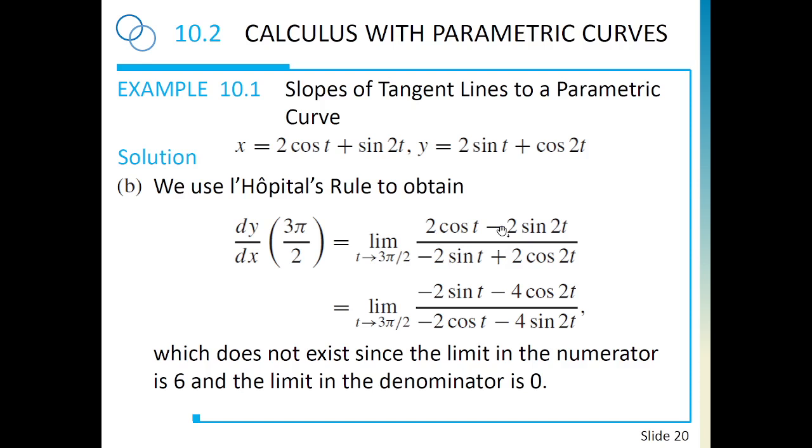So it will be indeterminate form 0 over 0, so we use L'Hopital's rule. You see the numerator was differentiated and denominator also. And then when we try to evaluate, we see that the numerator is going to 6 and the denominator is going towards 0, so basically this ratio is exploding, which means we have an issue there.